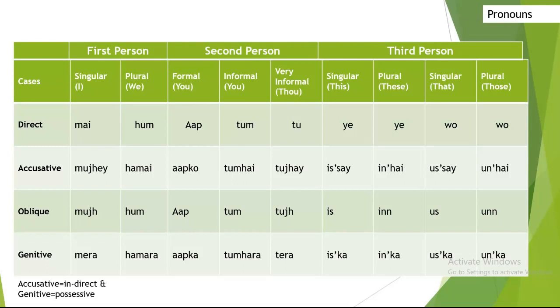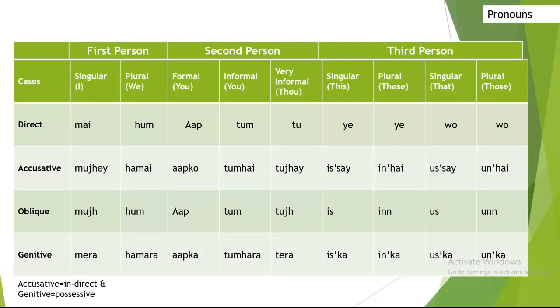Then you see 3 persons here: first person, second person, and third person. First person singular is I, and first person plural is we in English. Second person, formal, informal, both cases is you, and very informal.